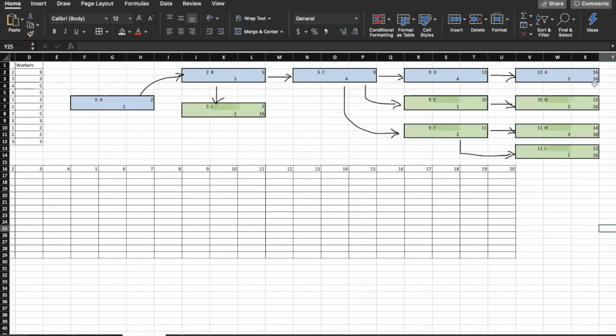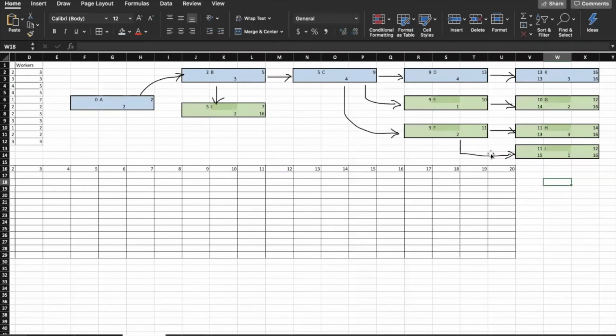K needs to be started as late as the 13th. G can be started as late as 16 minus 2, 14. H can be started as late as 16 minus 3, the 13th. I can be started as late as 16 minus 1, the 15th.